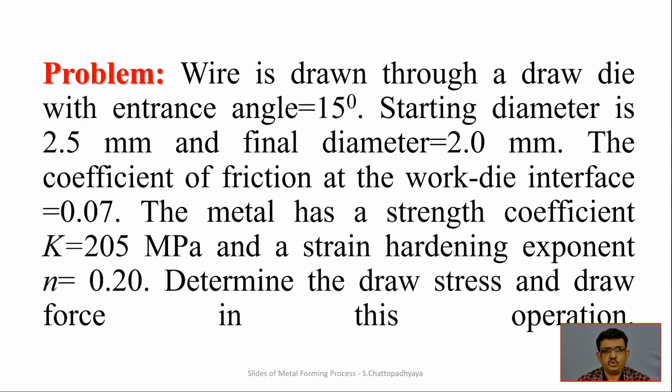It is 0.2. What we have to do is determine the draw stress and the draw force in the operation. That is critical. In order to design this process, we have to know the draw stress and the draw force required to appropriately carry out this operation. So, this is a typical representative problem related to the wire drawing operation.